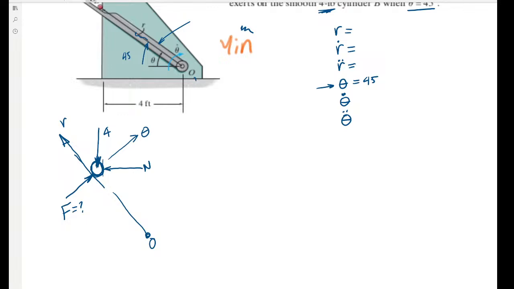So what you're going to do eventually is you're going to work yourself out to the sum of the forces in the R direction, which is the mass of the thing, 4 divided by 32.2, times the acceleration in the R. And then you're going to basically come down and solve for that. You're going to have to do both, and the reason is because of this silly thing right here. I guess both the weight and the N are going to cause you to have problems here.